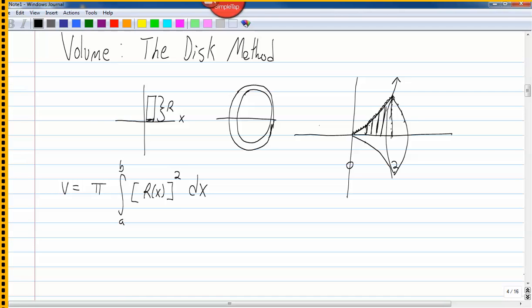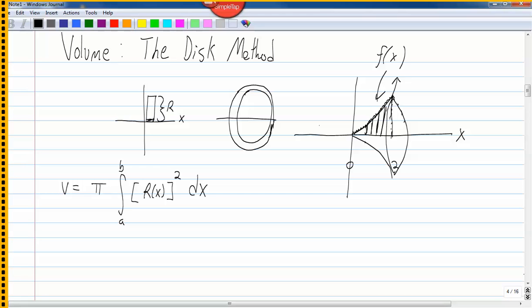So it depends on where you are on this function, whatever that function may be. Let's just call it f of x. Whatever that function is gives us the radius of the big figure that we would get if we revolve this line about the x-axis. And so sometimes figuring out what that radius is is the toughest part. A lot of times it is.